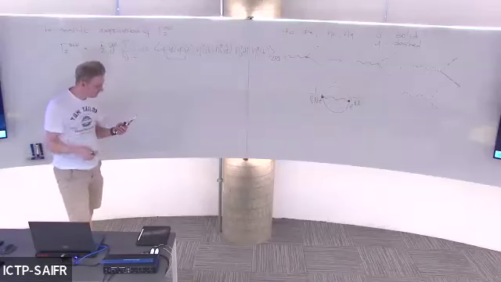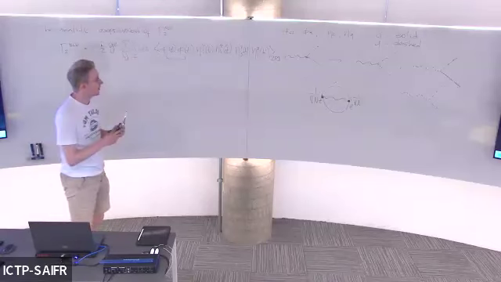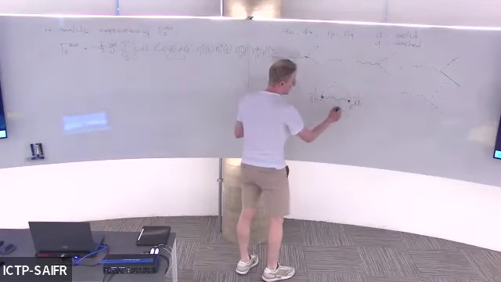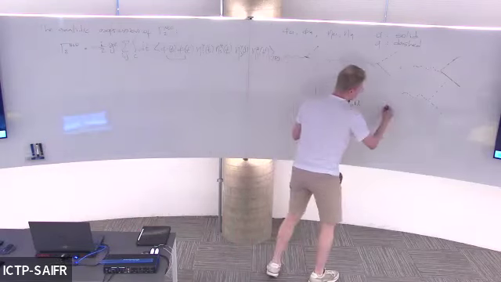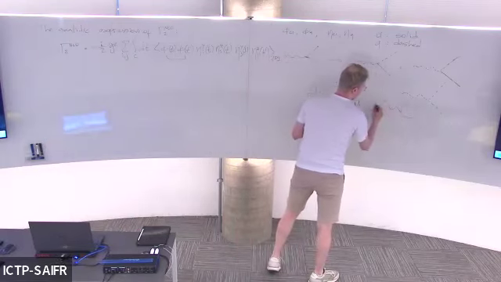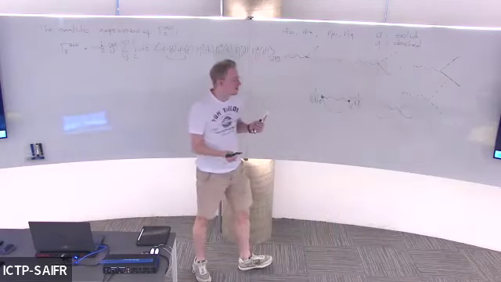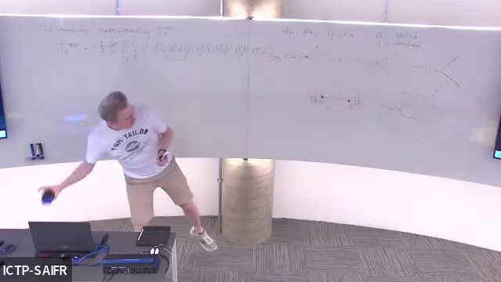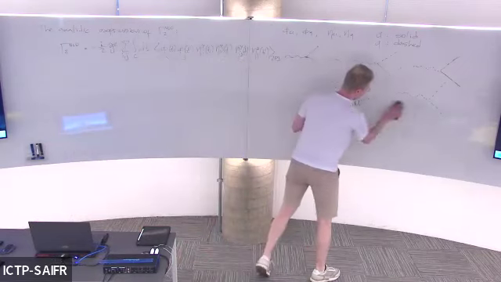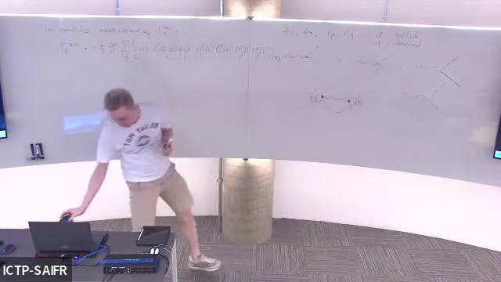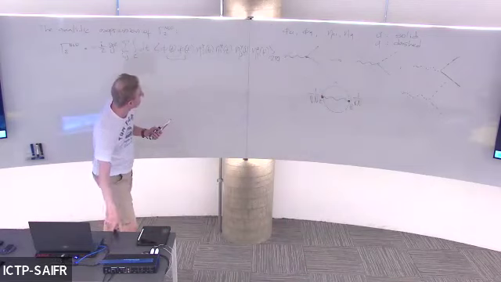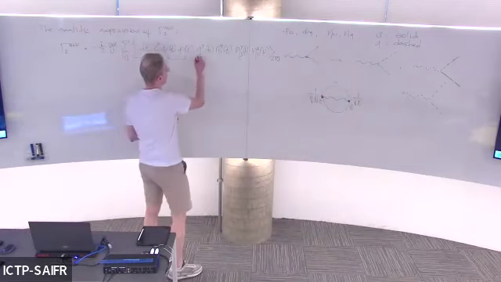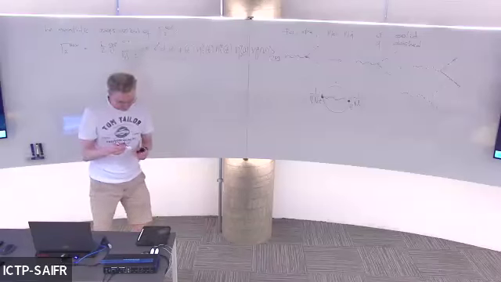Now we have two Majorana fields, but look, we can't contract t with t prime, because otherwise we would have something like this, and this is not 2PI, this is not even 1PI, and it falls apart. So we have to contract Majoranas with different times. Let's say this one.